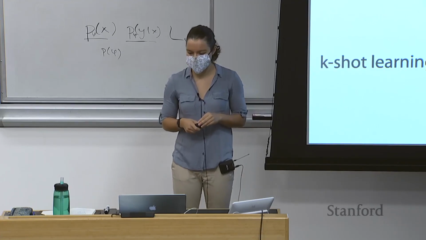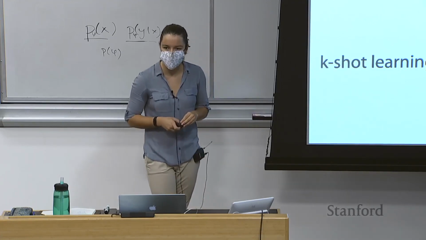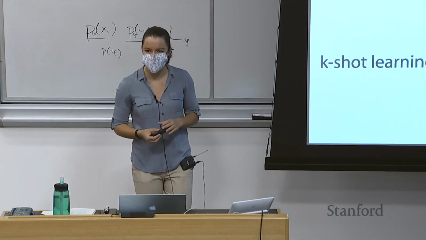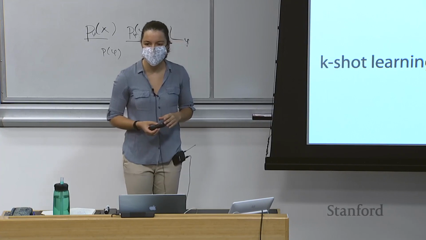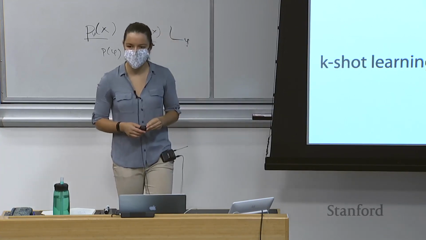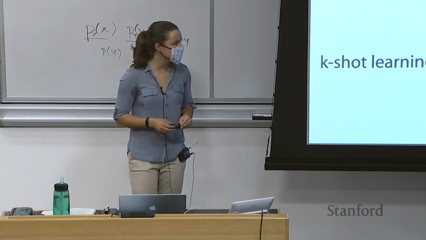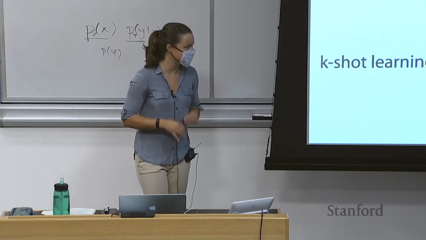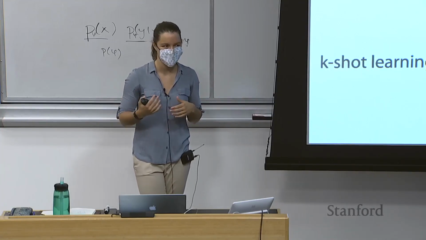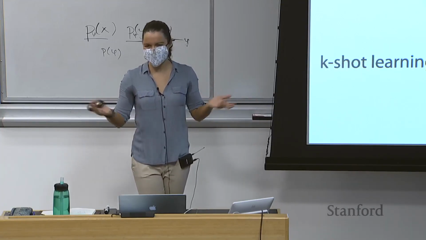Yeah? It seems like the main advantage of meta learning is that you can learn a new task quickly. Are there examples where this will actually work, where somebody is going through a new task and learns it on a device? Yeah, so the question is, are there examples of actually being able to learn new tasks quickly using meta learning? The short answer is yes.